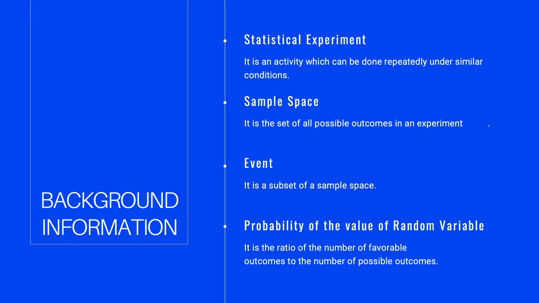No? You have your statistical experiment. It is an activity which can be done repeatedly under similar conditions. Okay? Kapag nga nagko-conduct ka ng survey, yun na yung similar conditions mo eh. Mag-create ka ng group of people na kung saan pasok yung objective mo. Okay?